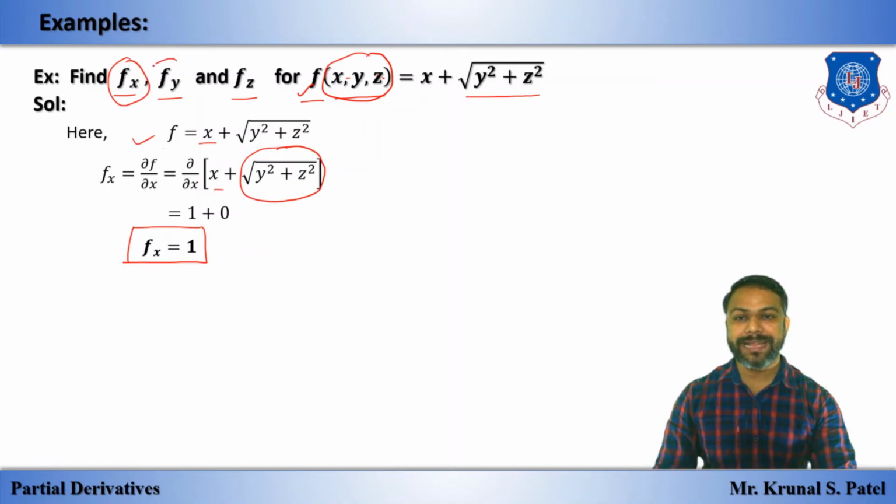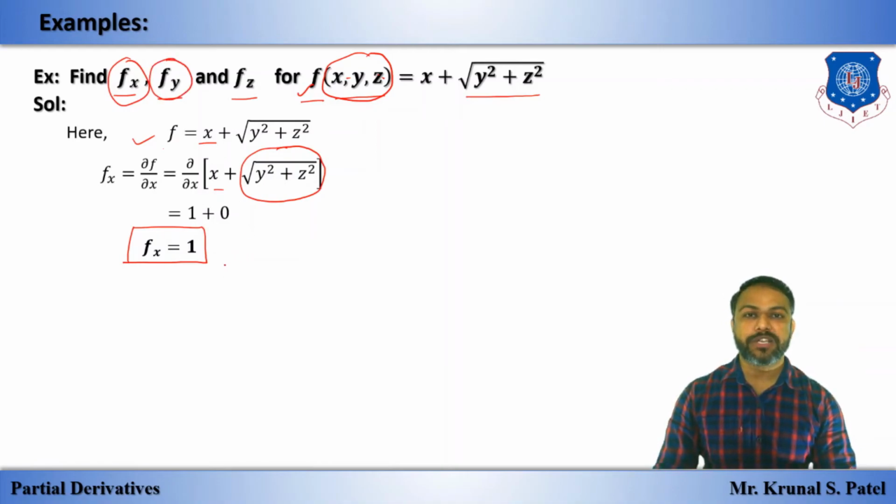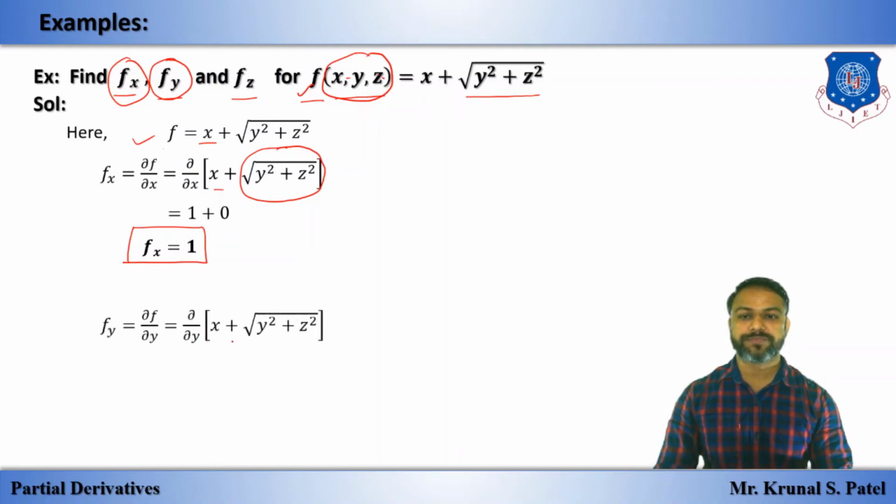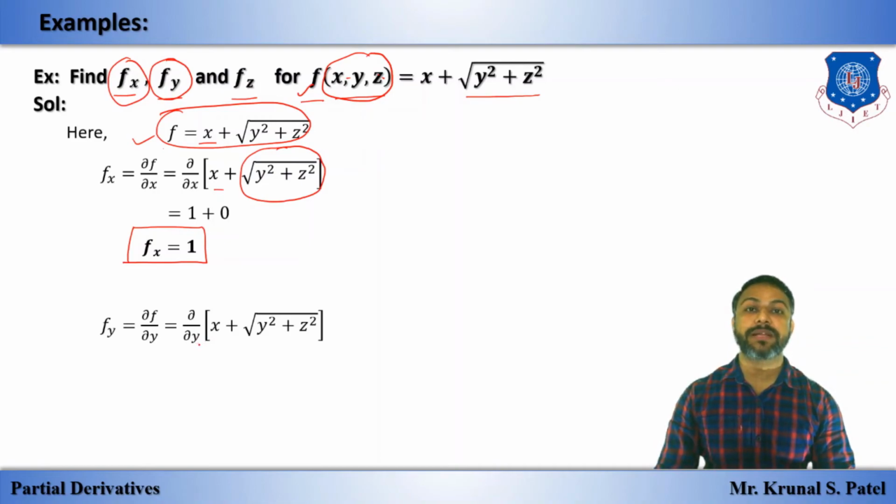Now we want to find fy, that means partial derivative with respect to y. So we will apply del by del y on this function. Here we are differentiating with respect to y partially, so this x is treated as a constant and this z will be treated as a constant.